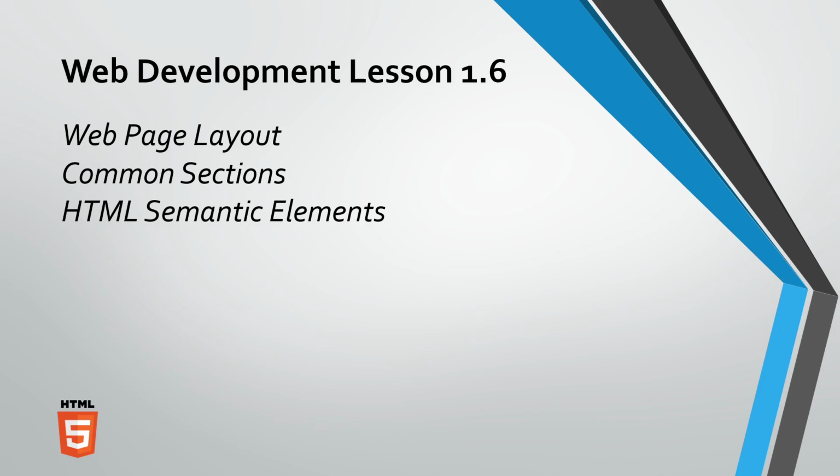And then finally, instead of using divs, which provide no meaning to the section, there are HTML semantic elements that can replace a div and act the same way. So hopefully you're excited about what's coming up next, which is to actually work on the appearance of a web page. Enjoy.